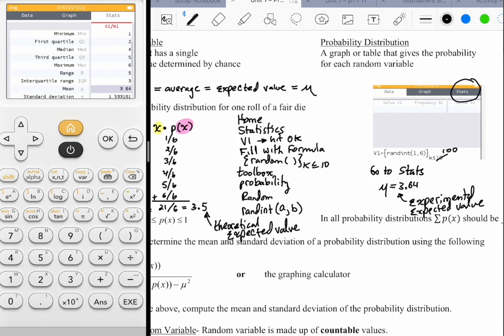Still, you're not going to end up with an outcome of 3.64, or 3.5 even, if you roll a die. No matter how many times you roll it, the outcome that you're going to get is going to be an integer value, like a number 1, 2, 3, 4, 5, or 6. But what this is saying is, if you roll it many, many times, the average of your total list of outcomes should be 3.5. Right?